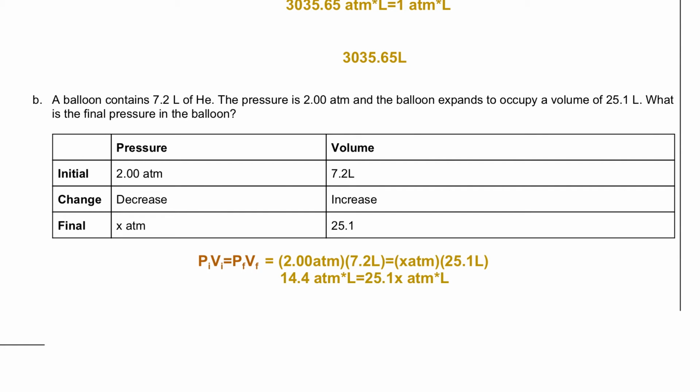When I set up the math, I end up with PIVI equals PFVF. I end up with 2 times 7.2 equals X number of ATMs times 25.1 liters. 2 times 7.2 is 14.4 equals that.